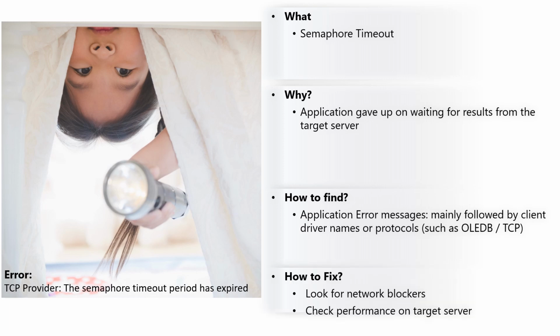And basically, to fix this, you need to either look for network blockers, such as a firewall, or some unusual behavior from a network appliance, like a load balancer, for example. But you can also find the issue and fix it if the problem occurred because of the performance of the target server. Let's say you have poor performance on the target side, and because of that, the client decided to give up on waiting for results.